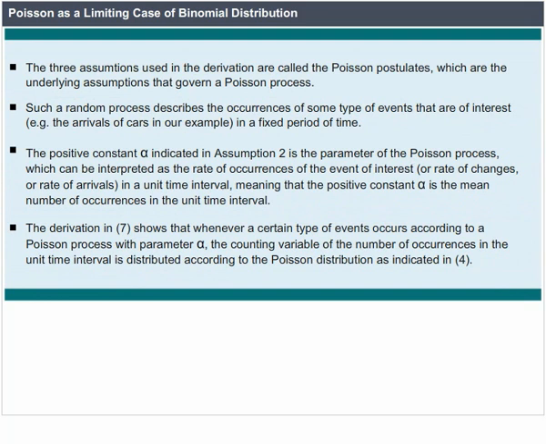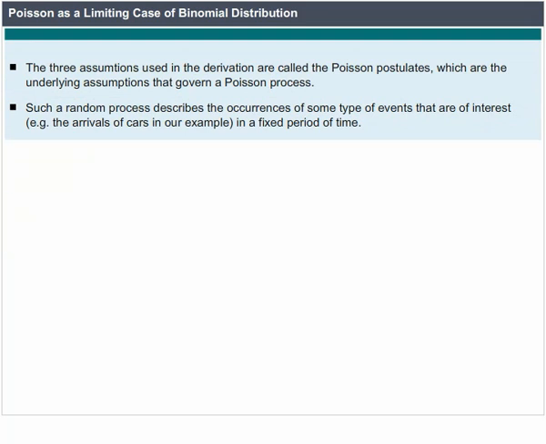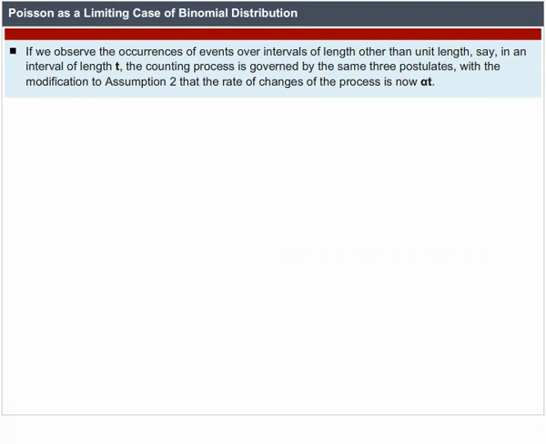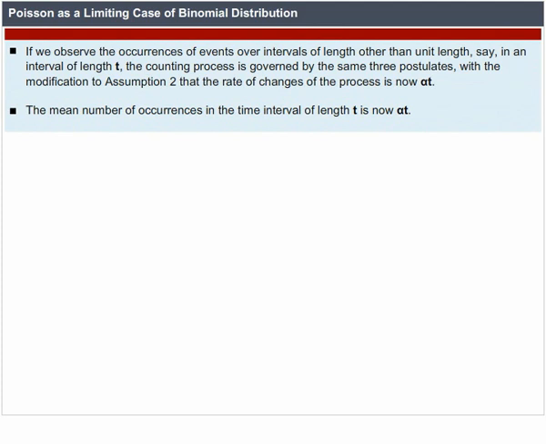If we observe the occurrences of events over intervals of length other than unit length, say in an interval of length t, the counting process is governed by the same 3 postulates with the modification to assumption 2 that the rate of changes of the process is now alpha t. The mean number of occurrences in the time interval of length t is now alpha t.